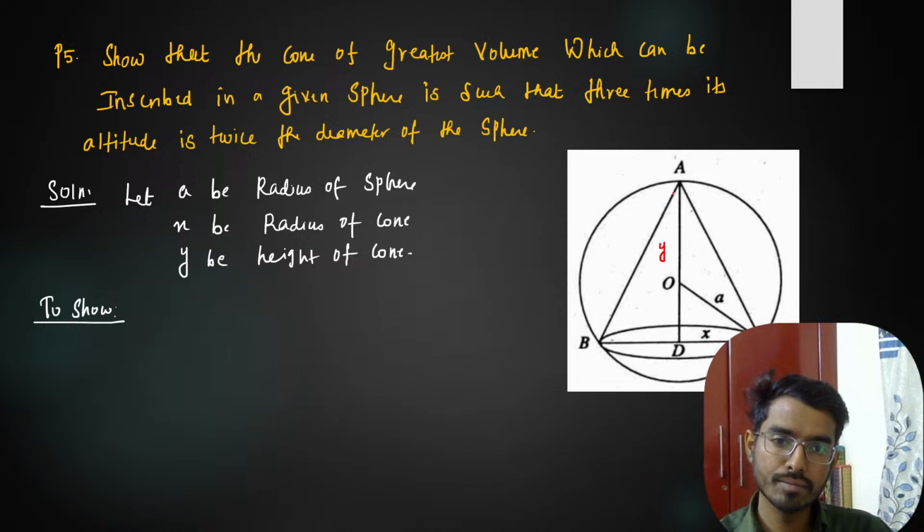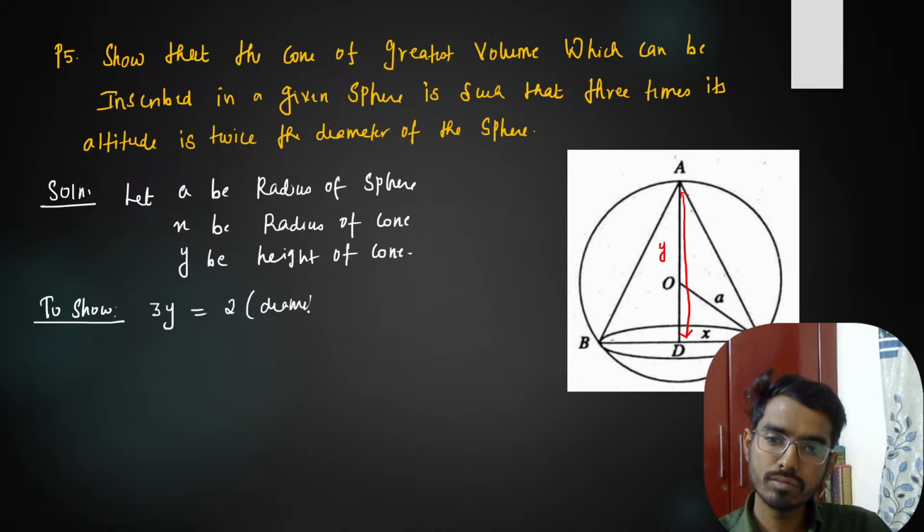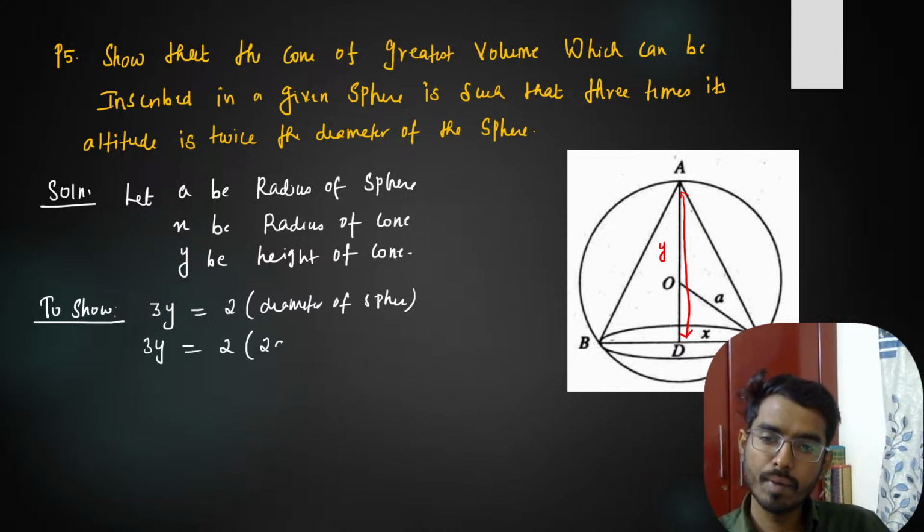So the radius of the sphere is a, so the diameter will be 2a.